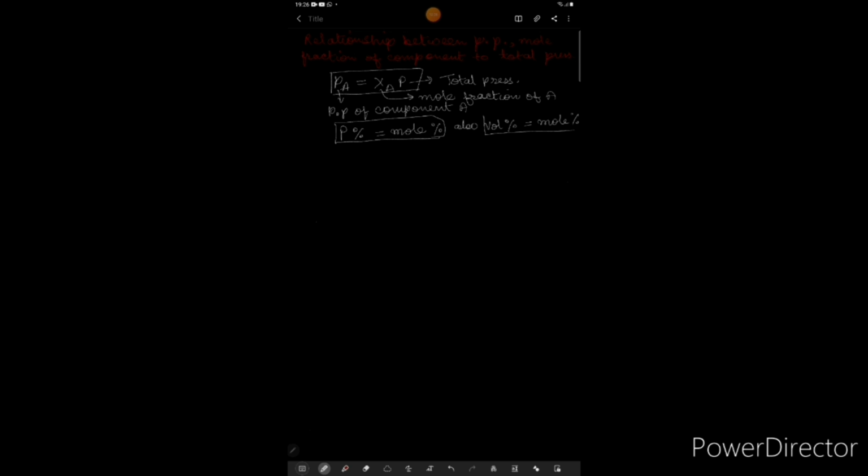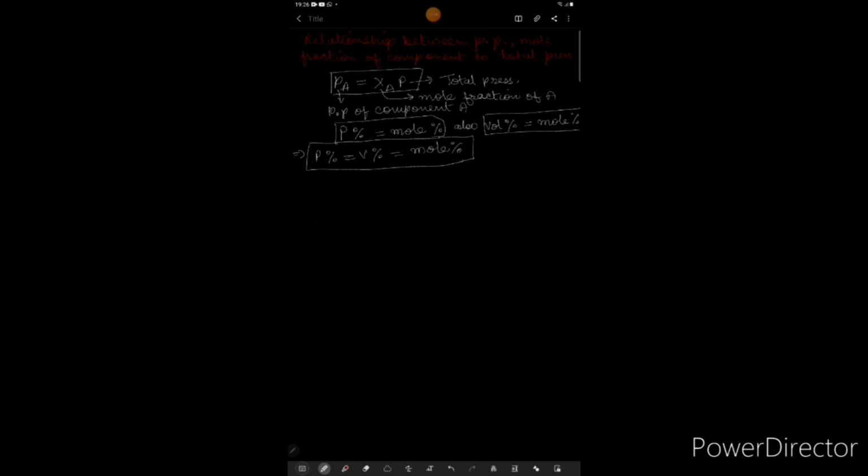So whether partial pressure percent, volume percent or mole percent is given, everything is equal and we can interchange them. You can also verify this.